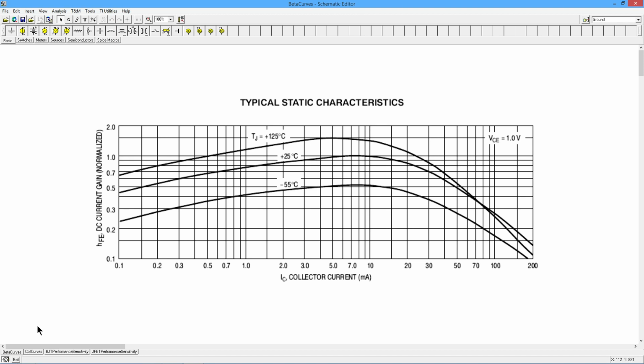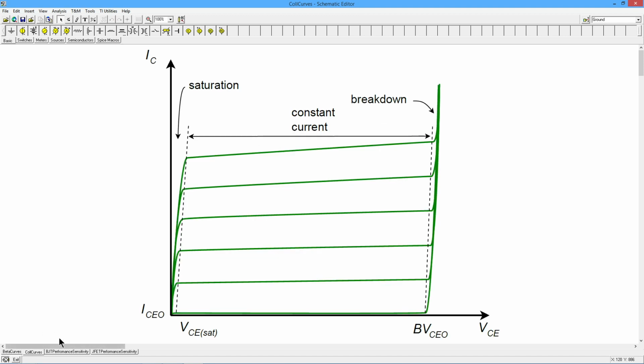Well, we can go over to a set of collector curves. Here we have collector emitter voltage on the horizontal and the collector current on the vertical. Each one of these green lines represents a certain base current. At the bottom we have no base current, and we just get a little leakage current, the ICEO, and that continues until we hit breakdown.